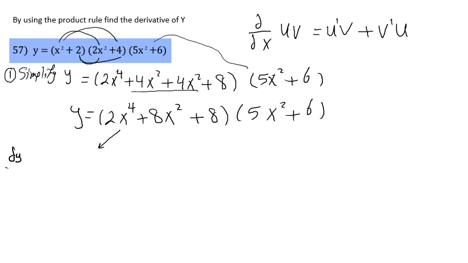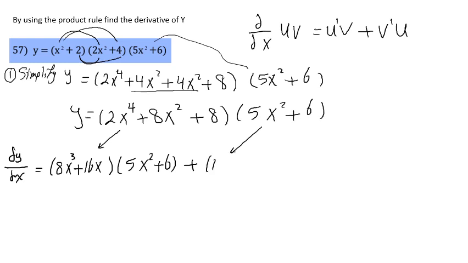So dy by dx is the derivative of the first, which is 8x to the power of 3 plus 16x, multiplied by the second, plus the derivative of the second, which is 10x, multiplied by the first.